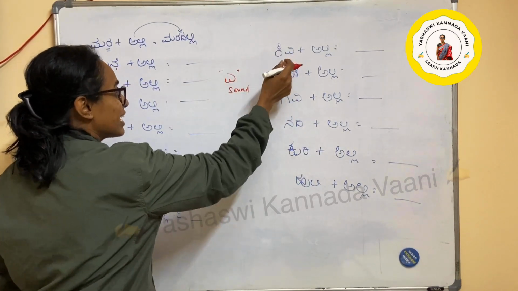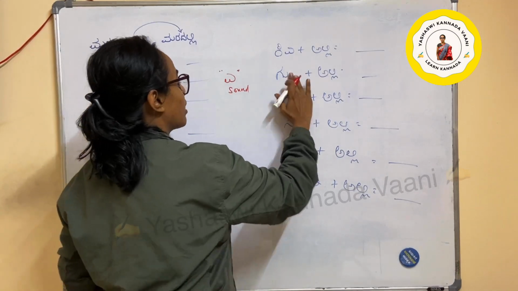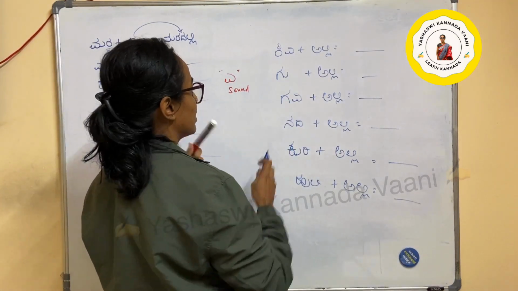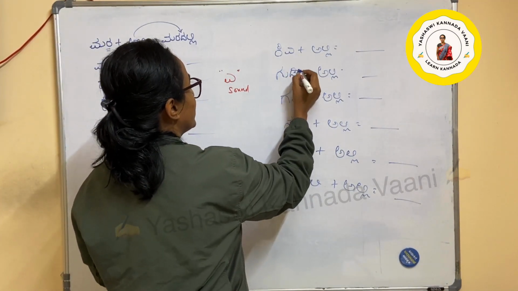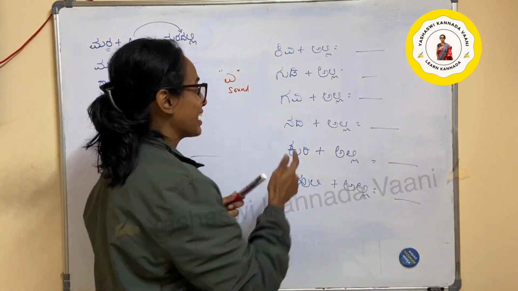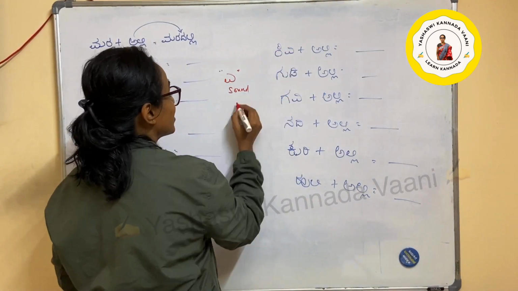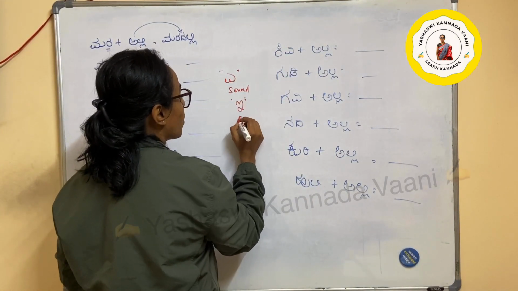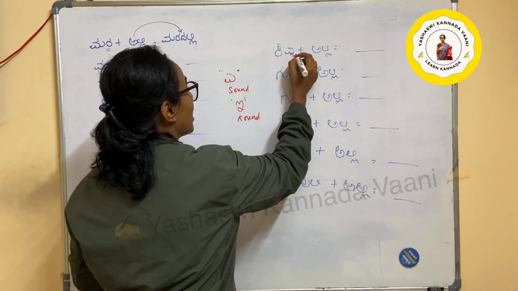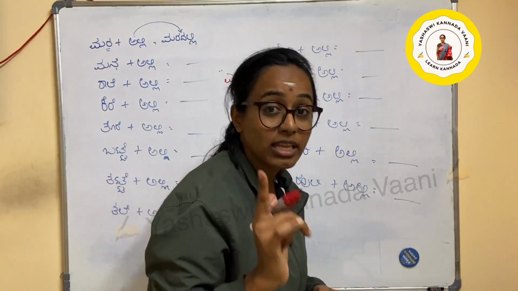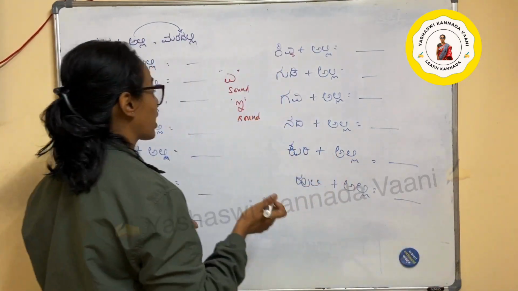And here kivi, vi. Gudi, I'll write gudi. Gudi is a temple. Gudi, i; gavi, i; nadi, i. All these words are ending with the i sounding. I'm talking about the sound, not the letter. Remember, it's a sound.